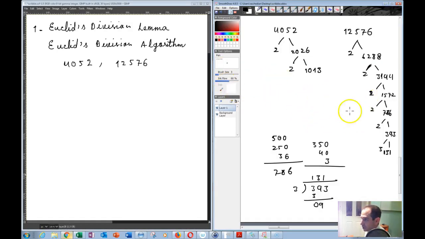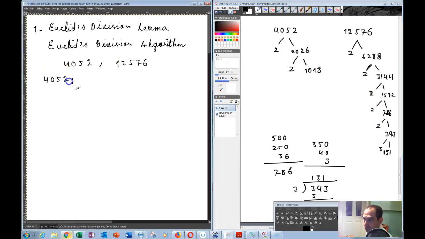So then you can rewrite these numbers as 4052 is the same thing as 2 times 2 times 1013, and 12,576 is the same thing as 2 times 2 times 2 times 2 times 2, so 5 factors of 2, times 1 factor of 3 and a factor of 131. Okay.